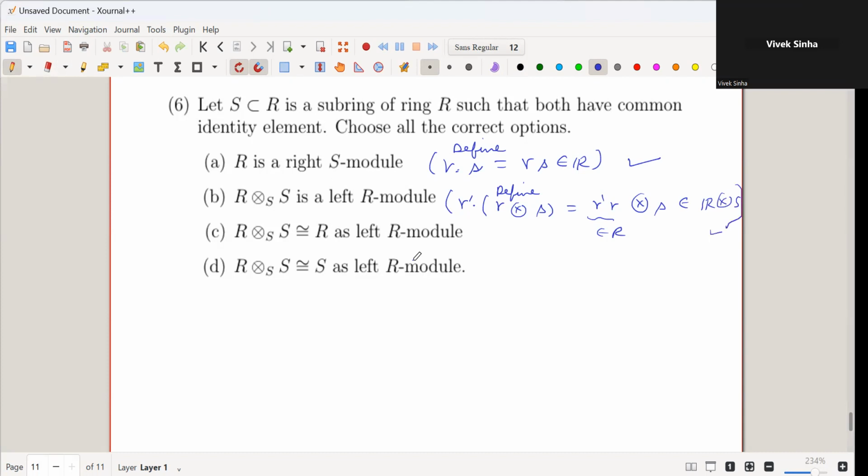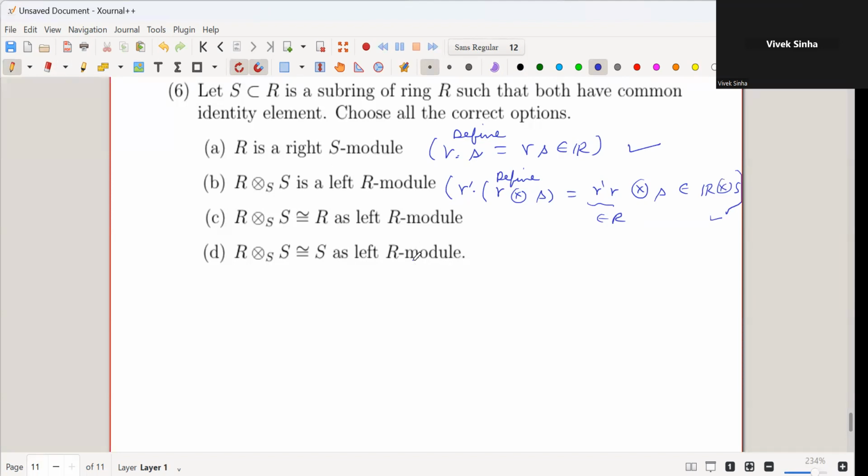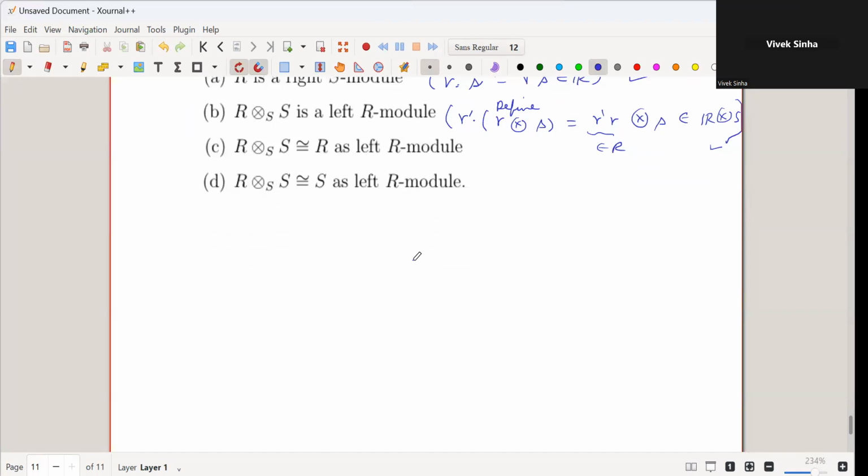So this is the map. Then the question is whether R tensor S is isomorphic to R, or R tensor S is isomorphic to S. That needs some work to be done. So we define the map, the same kind of map, we will define F from R cross S to F. I won't say the domain.